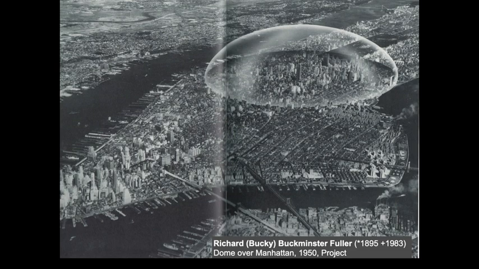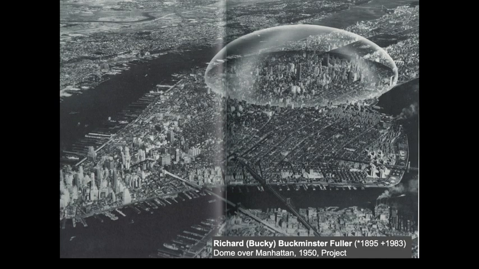But Buckminster Fuller was not enough for Buckminster Fuller, for Bucky Buckminster Fuller. And for example, he designed a utopian project to cover a part of Manhattan. So this private sky, and this is a name made by Buckminster Fuller, had a really huge dimension.